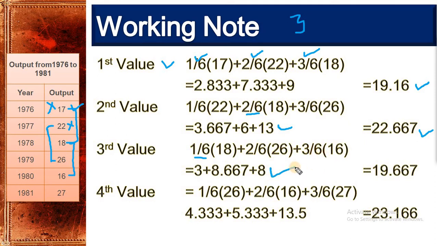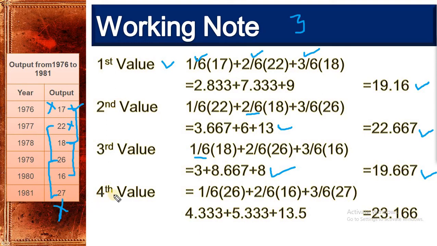When I add these 3 together, I get 19.66666. I can have only 4 groups from this data. 3 groups are already made, and I will consider the fourth group. After the fourth group I cannot consider one more group because the data is exhausted, so I can stop here.